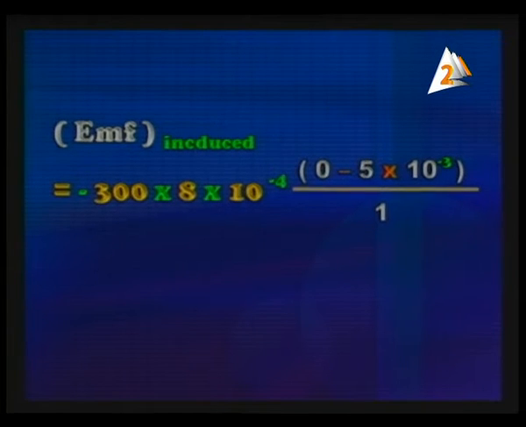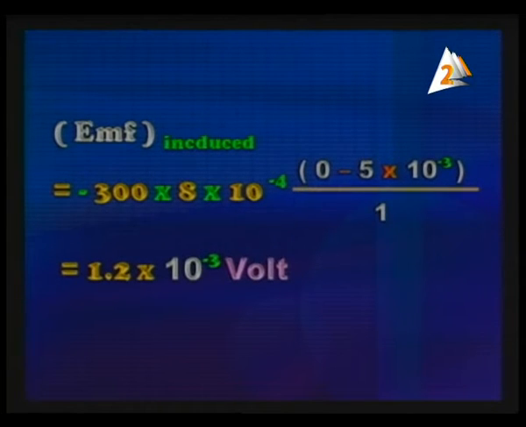The change in flux density is from 5 times 10 to the power of negative 3 to 0, so 0 minus 5 times 10 to the power of negative 3, over 1, since this happened in a time of 1 second. So EMF is equal to 1.2 times 10 to the power negative 3 volt.